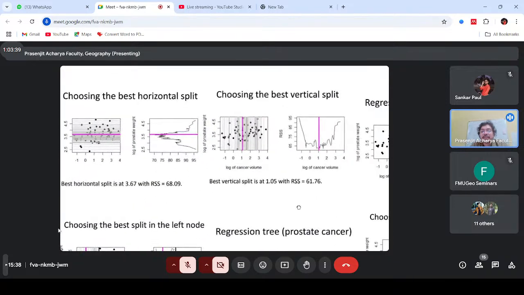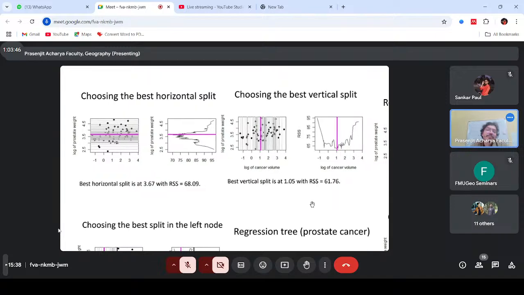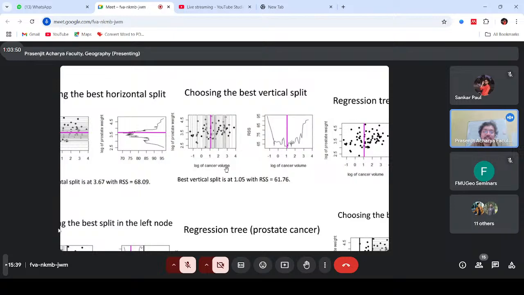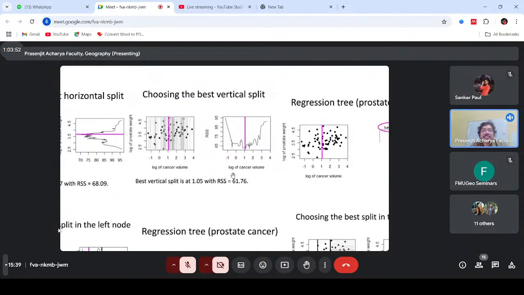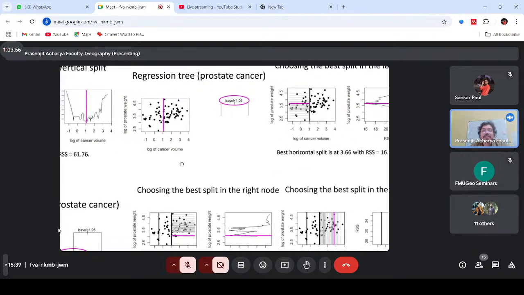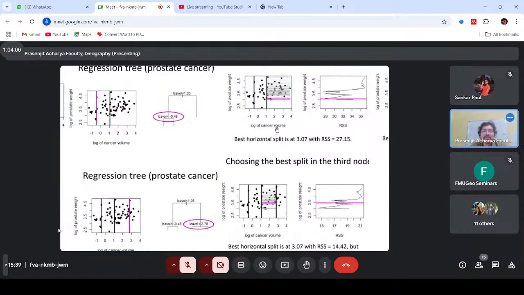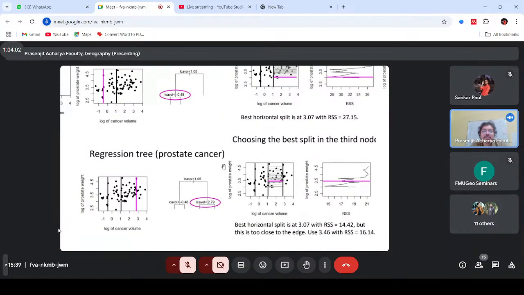It's a prostate cancer data set. So we have the prostate weight and the cancer volume. These are some of the splitting criteria based on which we can try to build a regression tree, right?